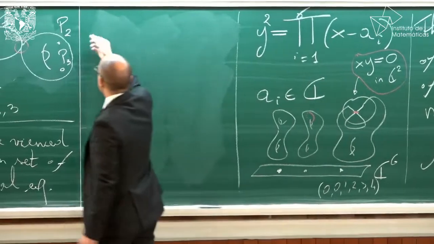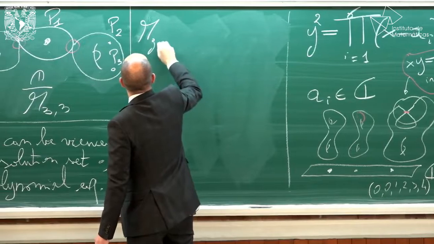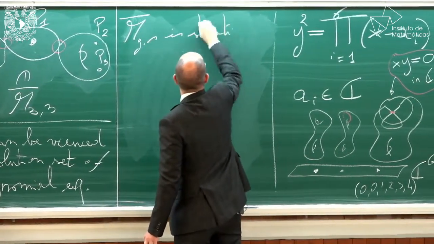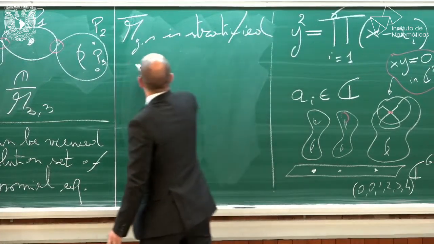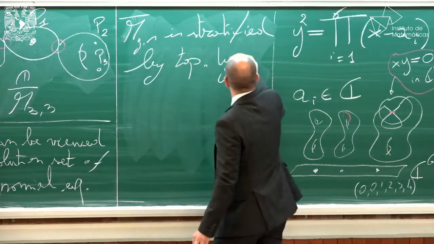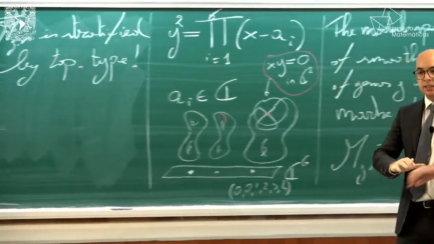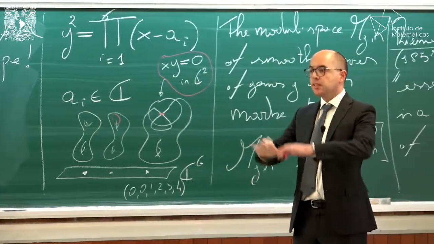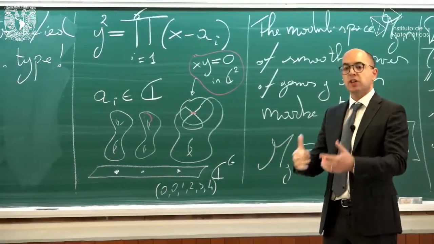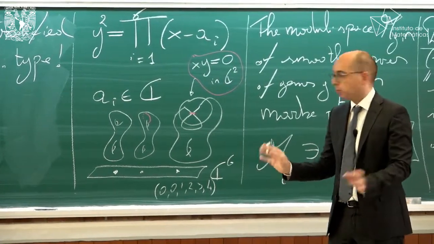So let's talk about the combinatorics. \bar{M}_{g,n} is stratified by topological type. Stratified means that I can think about it as being the union of strata, where each stratum consists of curves with the same topological type, the same topological structure.